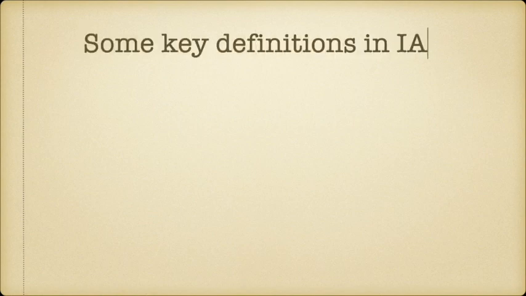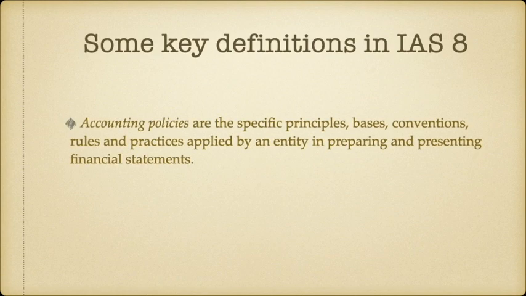Okay, so in terms of IAS 8, there are some key definitions that we first need to look at before we can get started. So the first definition I'd like to discuss is that of an accounting policy. And really what the standard here says is that accounting policies are specific principles, bases, conventions, rules, and practices applied by an entity in preparing and presenting financial statements, right?